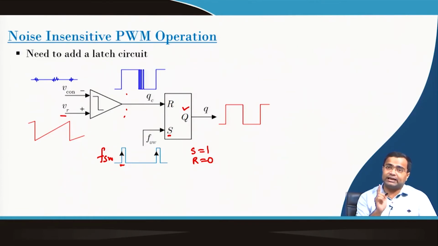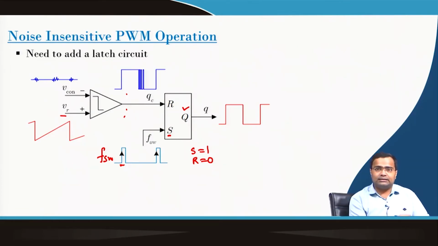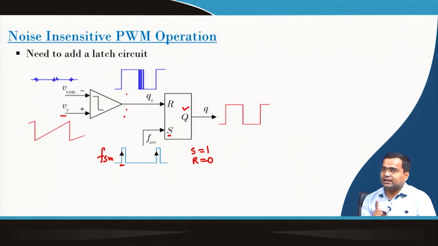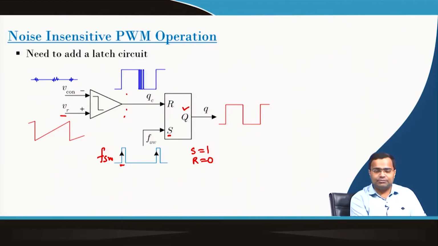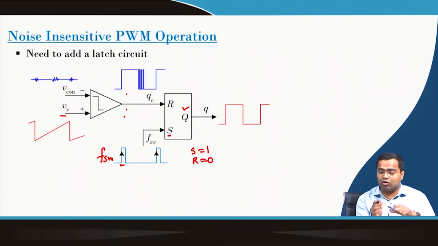That means you should use an edge detection circuit, an edge sensitive circuit rather than a level sensitive circuit, because level sensitive circuits are not generally recommended, because the level is susceptible to get distorted by the noise. So, you can use a D flip flop also, there are various possibilities.